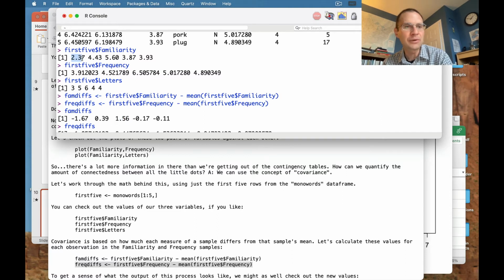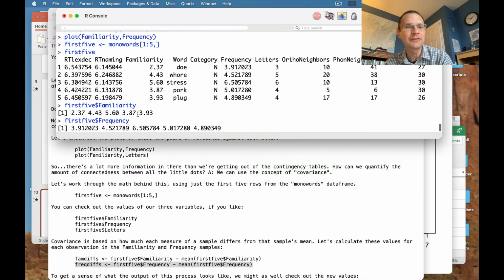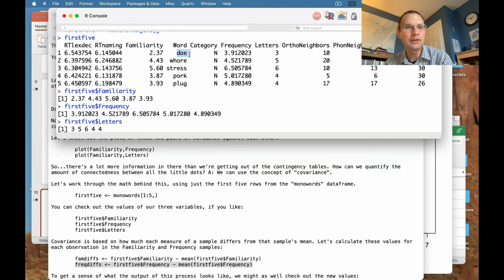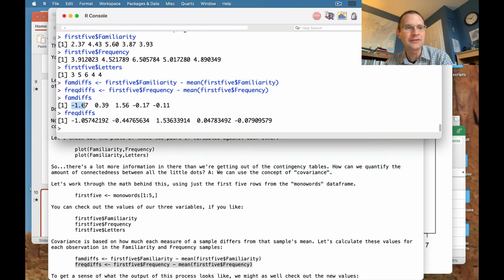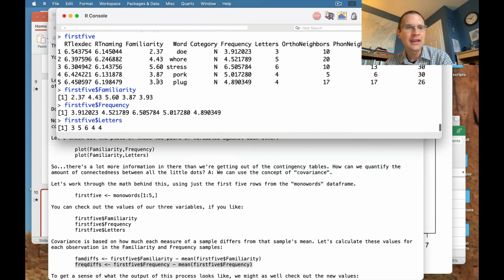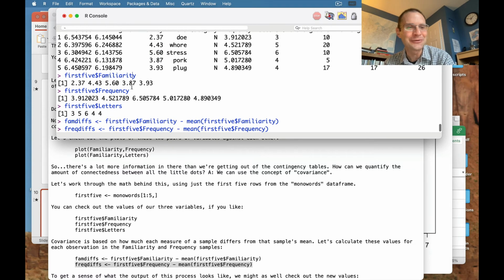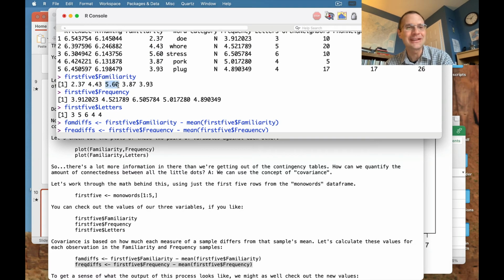And for the first word, we have not much familiarity because this is a very negative value. The first word is dough. That's our low in familiarity. But we're normalizing it a bit by subtracting all these measures from the mean, so the normalized version of this is negative 1.67. And stress is a highly familiar word, apparently. I don't know if they surveyed college students for this or what, but this is a familiarity of 5.6.